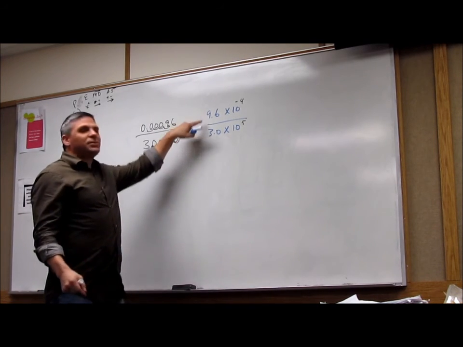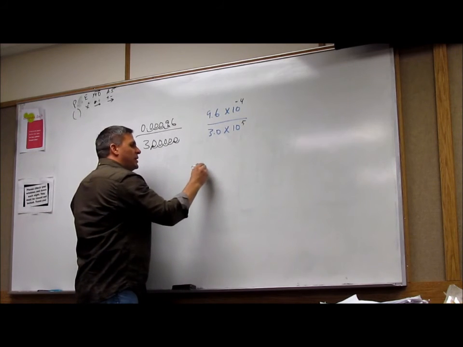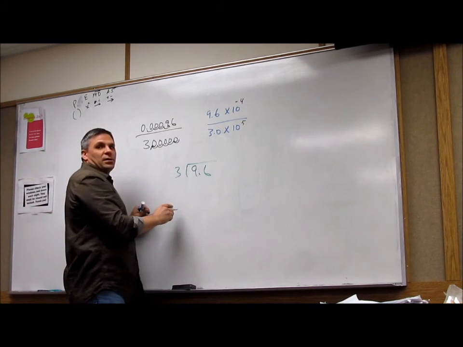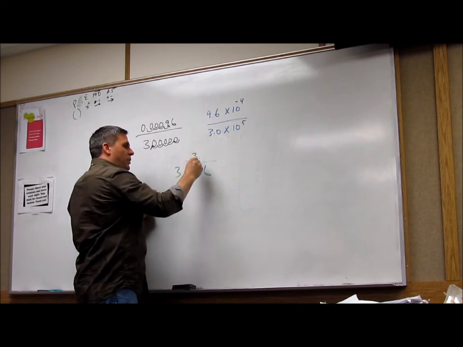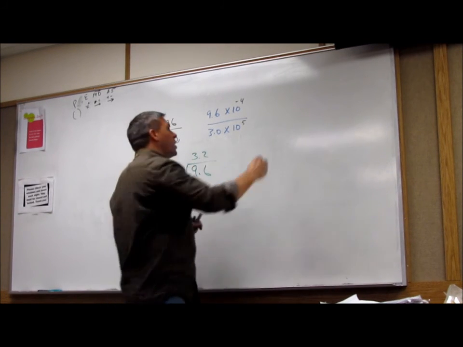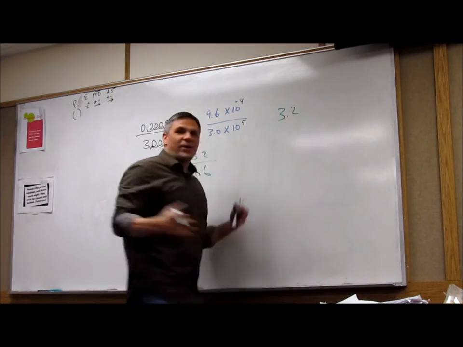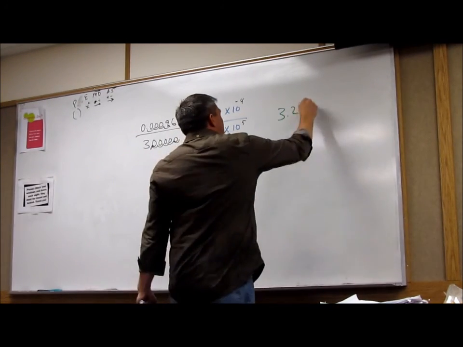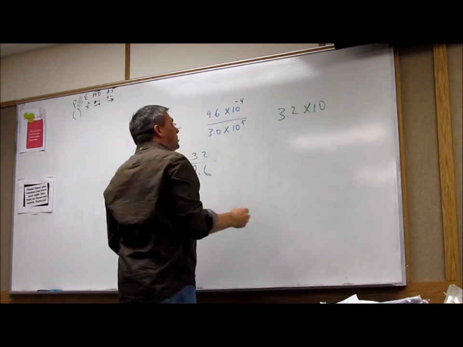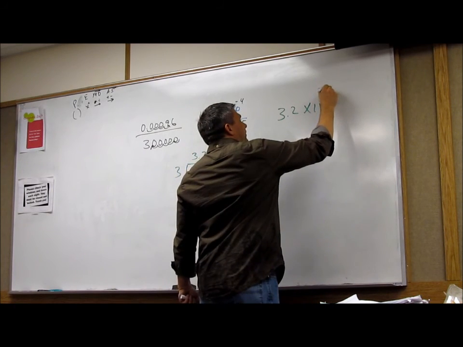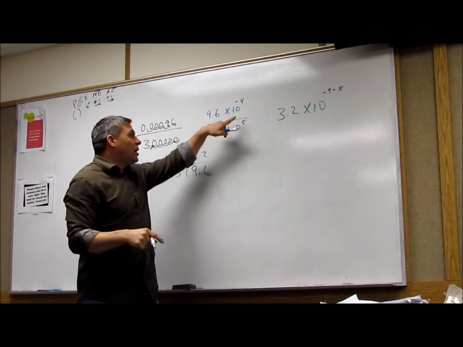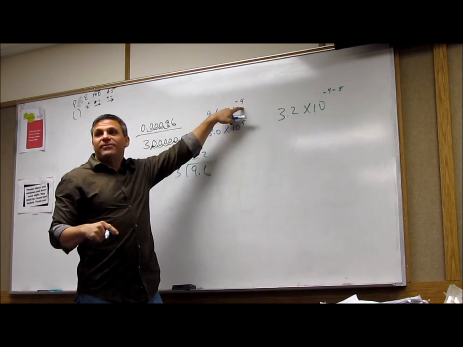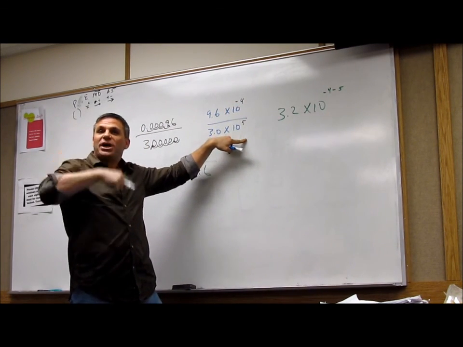And then what? Well, we just take the numbers and divide them. So what is 9.6 divided by 3? 3.2. We got 3.2, right? So it's 3.2. So far, so good. Times 10 to the what? Well, times 10 to the negative 4 minus 5. Because we are dividing, so we are subtracting.